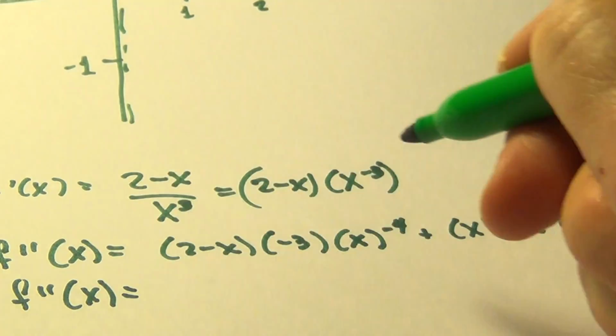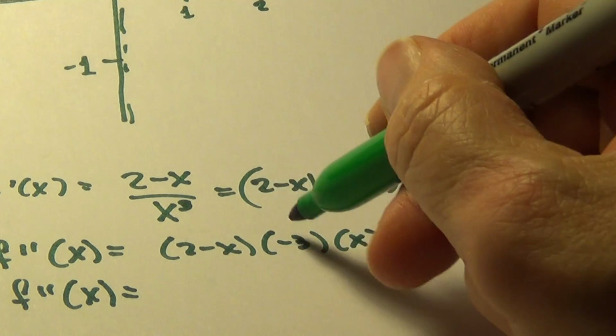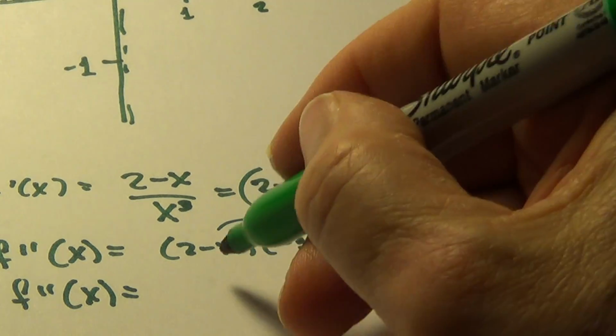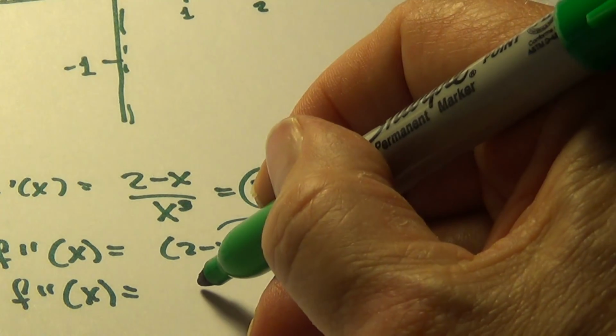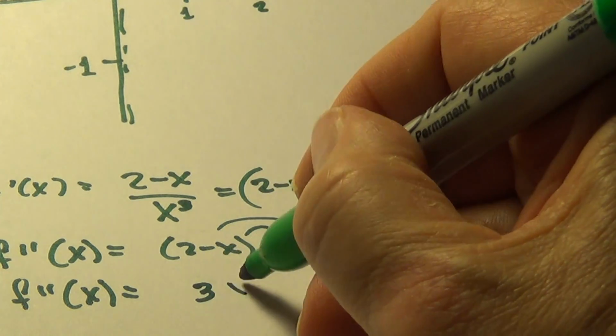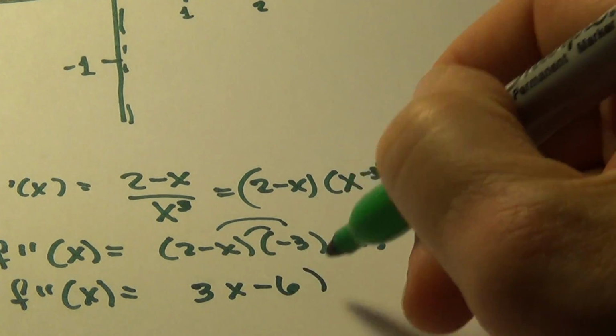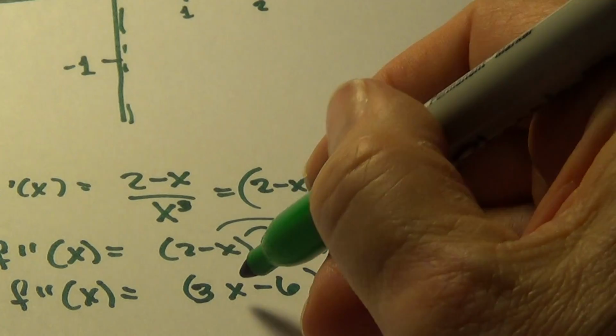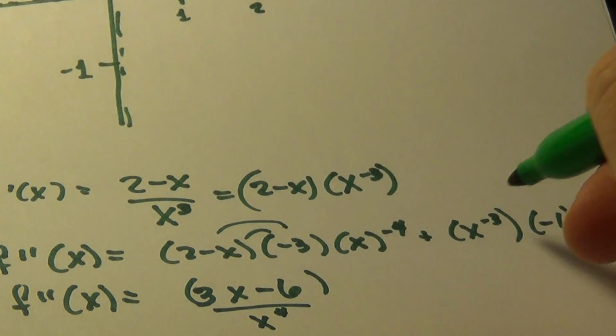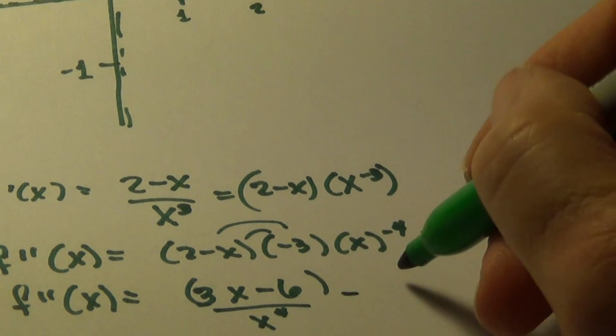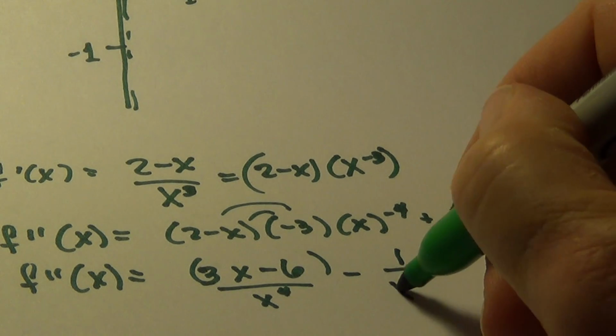So let me write down what that equals. I'll distribute the minus 3, and I get a 3x and a minus 6, and that is all going to be over x to the 4th. This one is a minus 1 over x cubed.